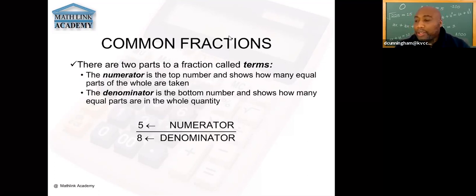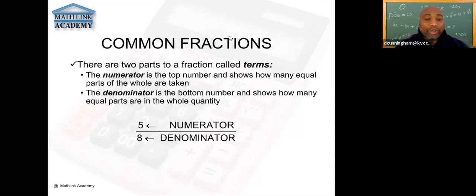There are two parts to a fraction. The top part is called the numerator, and the bottom part is called the denominator. The numerator shows how many equal parts of the whole are taken, and the denominator shows how many parts are in the whole quantity.